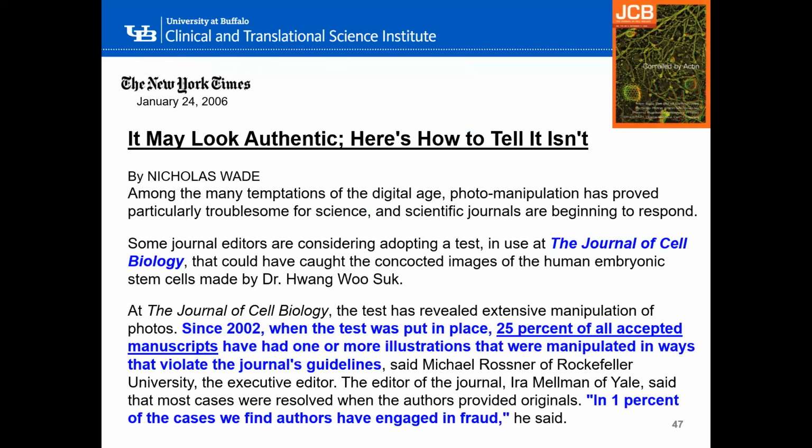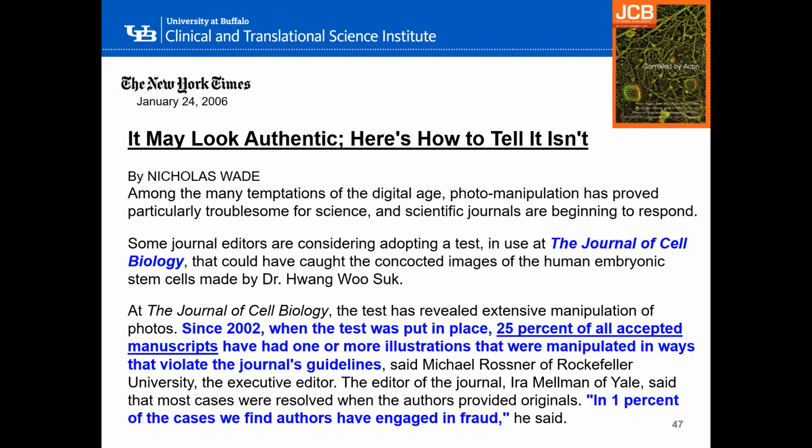Okay. All scientific journals now have software platforms that can not only detect text that is plagiarized, but also detect things going on that are unacceptable in image manipulation, such as electron micrographs or photomicrographs or even bar graphs.